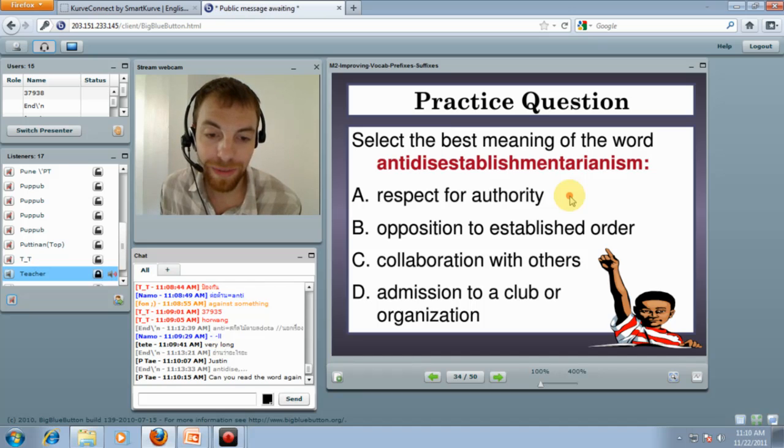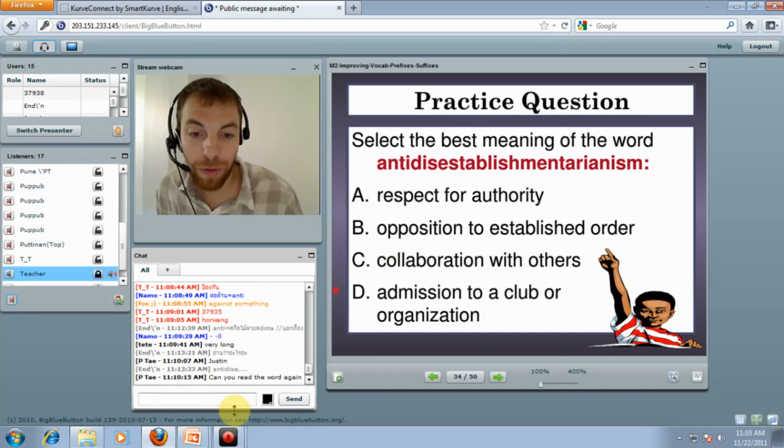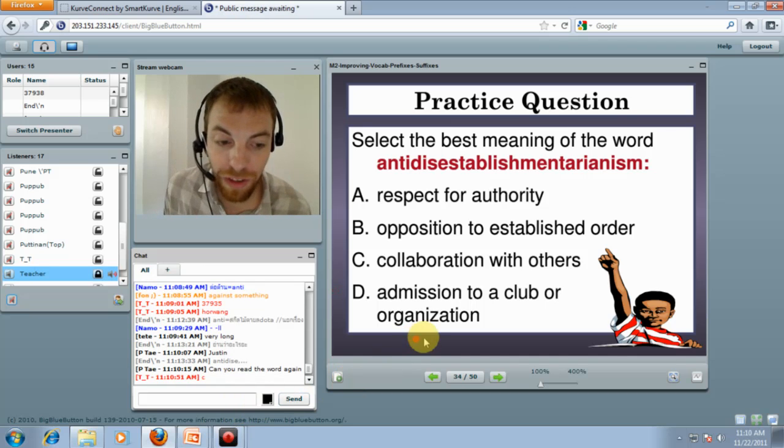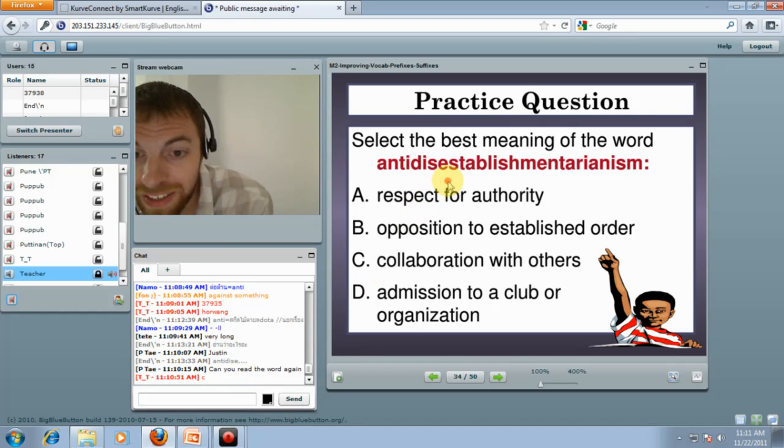What do you think? Any ideas? Type your guesses down here. Type what you think. A, B, C, or D. Anyone know?